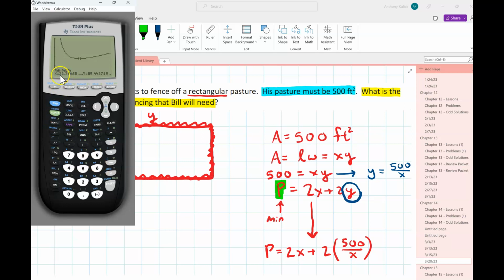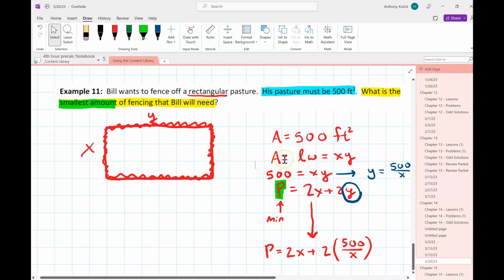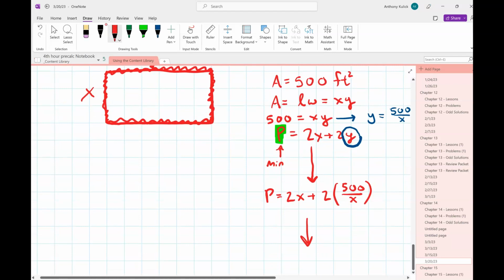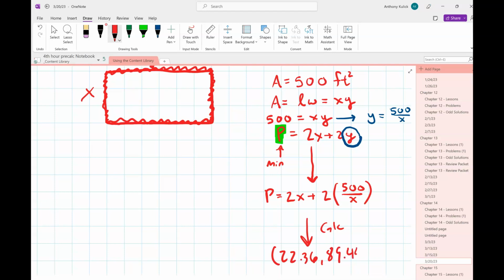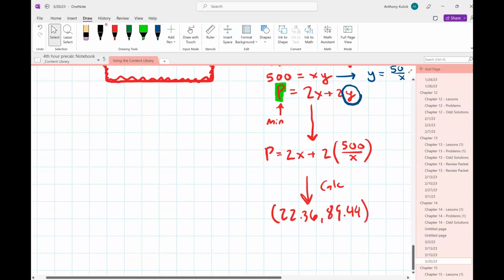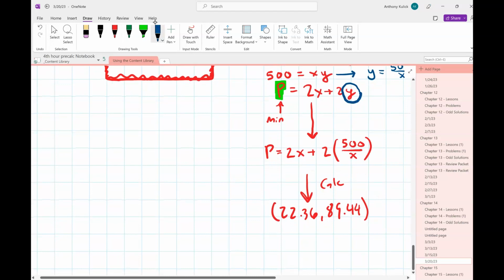So it tells me then 22.36, comma 89.44. So this was my value for x, and this is my value for p.